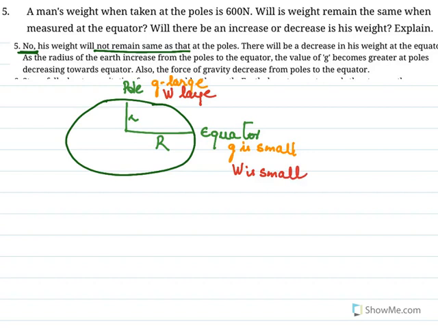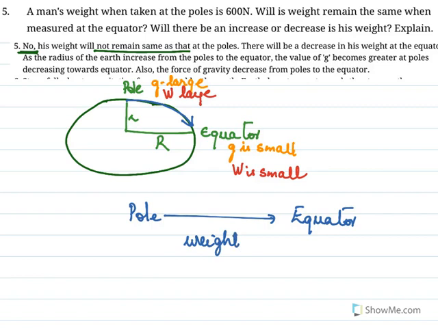So as we move from the pole to the equator, we find the weight decreases. The weight becomes less. And this is exactly what is written here. There is a decrease in weight at the equator.